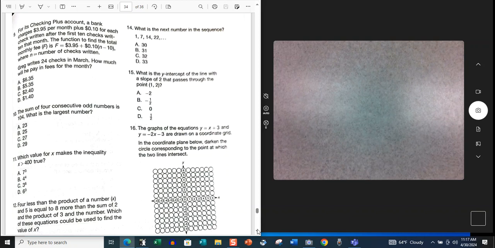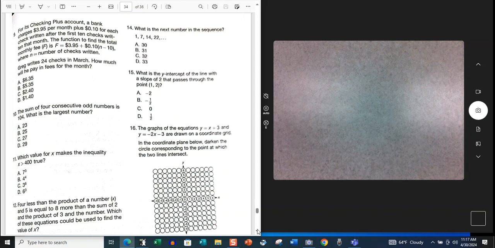The function to find the total fee is F is equal to $3.95 plus 0.10 times n minus 10, where n is the number of checks written. Greg writes 24 checks in March. How much will he pay in fees for the month?